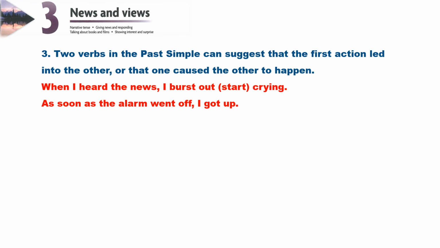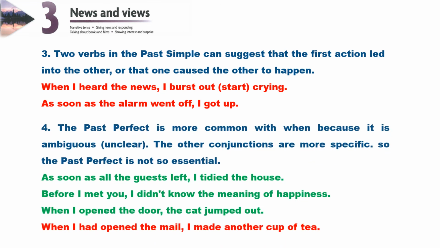Another example, as soon as the alarm went off, I got up. So I got up as a result of the alarm going off. Past perfect is more common with when because it is ambiguous or unclear. The other conjunctions are more specific, so the past perfect is not so essential.